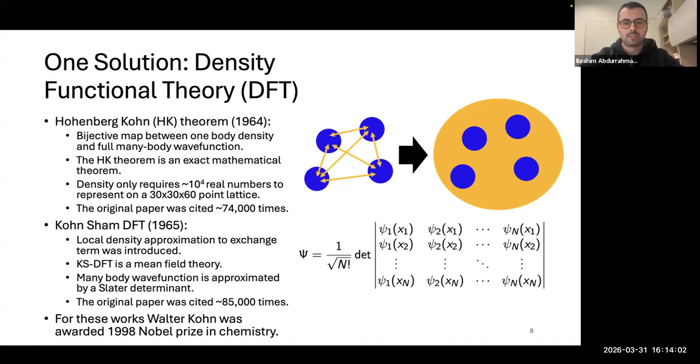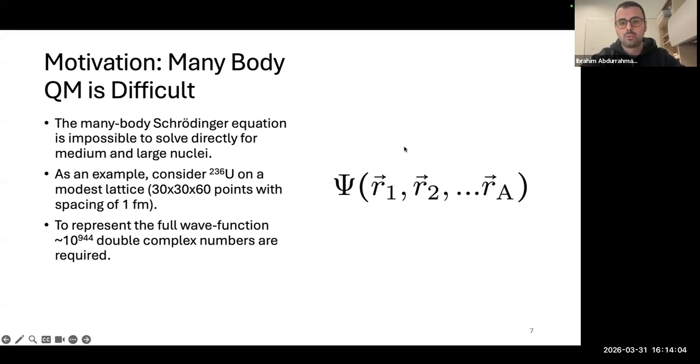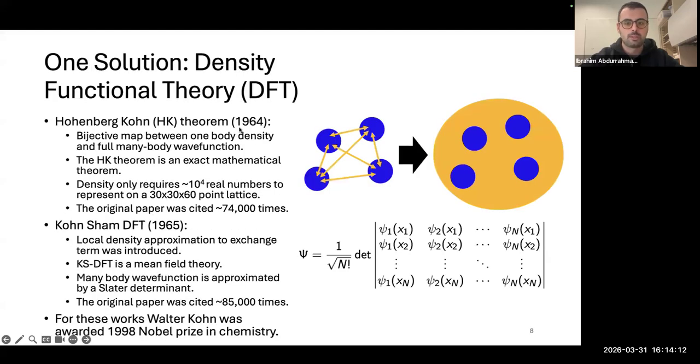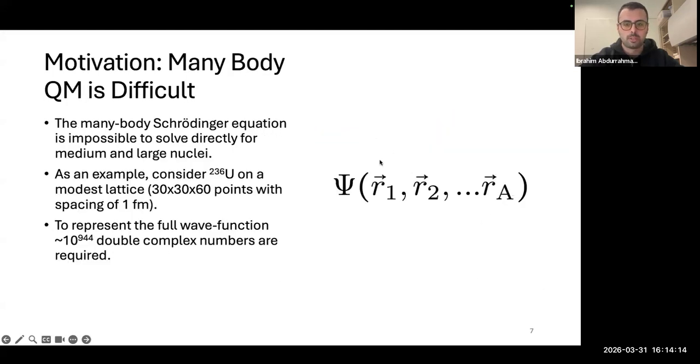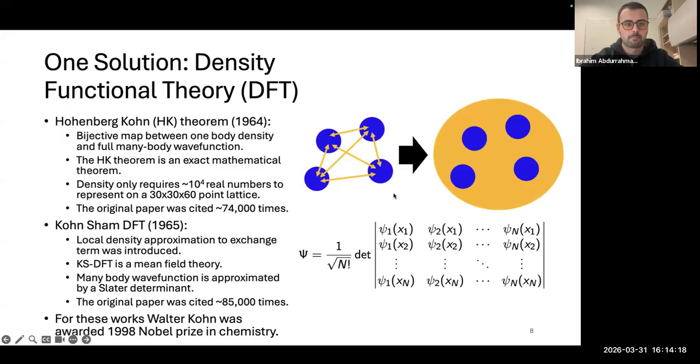And it basically says there's a one-to-one map between this immensely complicated object, the many-body wave function, and the one-body density, which is the many-body wave function where you integrate out all degrees of freedom but one. And what this means is the one-body density can just be defined by the number of points in your lattice. So it's a very small object.